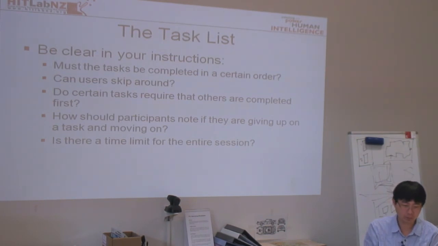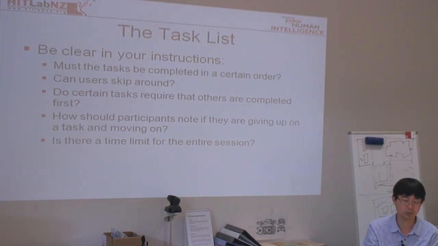And of course, you should be clear with the instructions. If there is a certain order they have to follow, you should mention it. Or if there are certain tests that they have to go through and not skip, then also mention those. Do certain tests require others? It's again about the order. There could also be cases where the user might give up in the middle of a test, when they are stuck and cannot figure out which button to press.